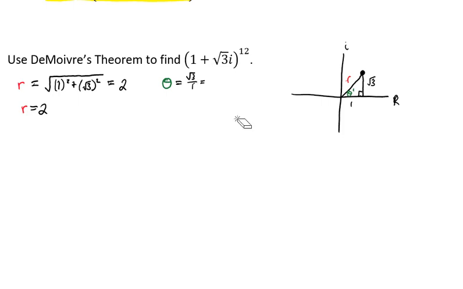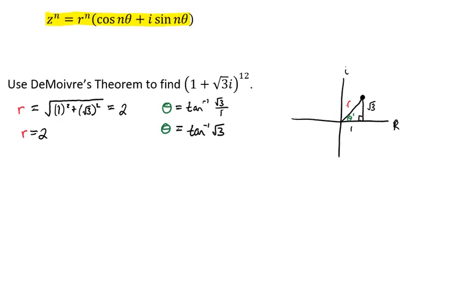Opposite over adjacent would be tangent, so theta equals the inverse tangent of the square root of 3. If we look at our unit circle, we see that theta is 60 degrees, or pi over 3 if you were looking at radians.